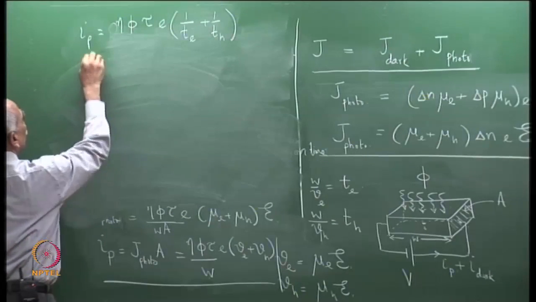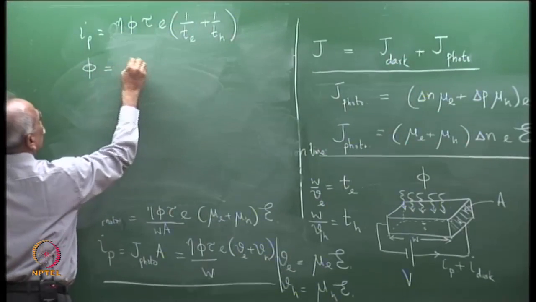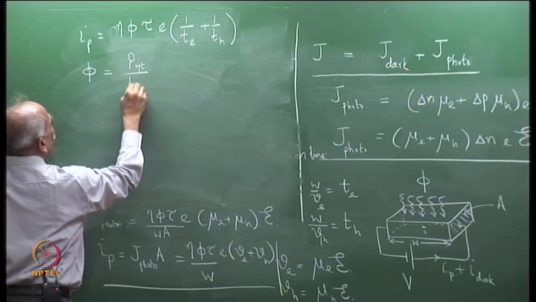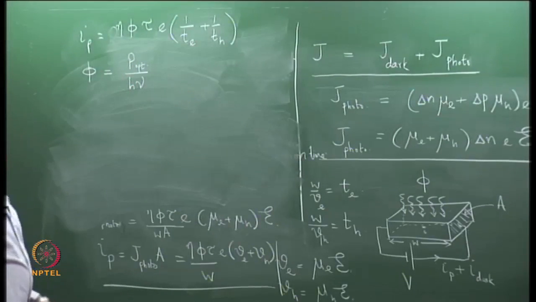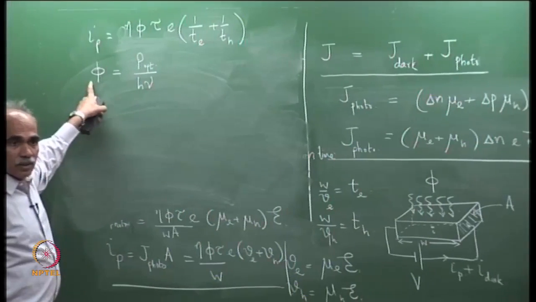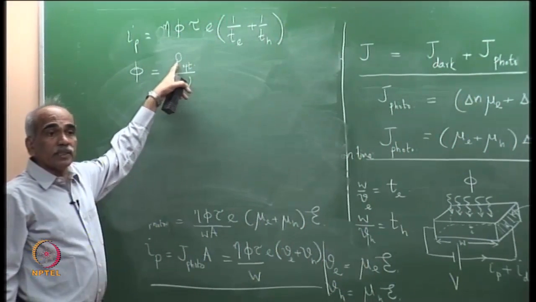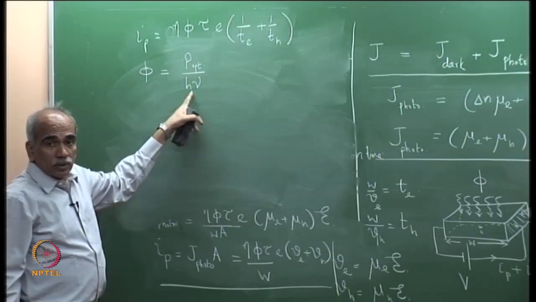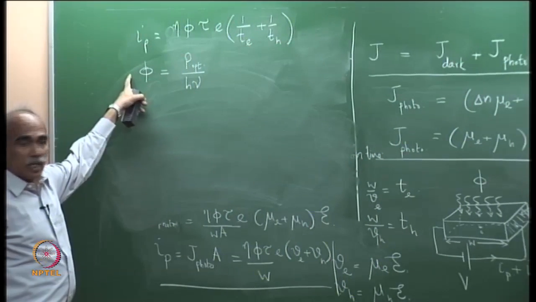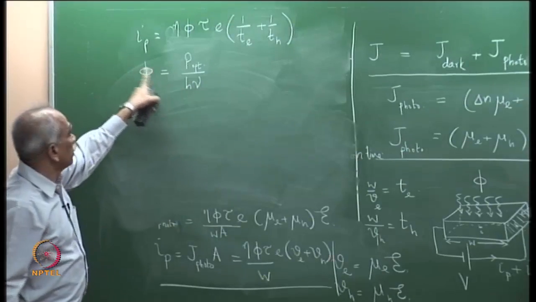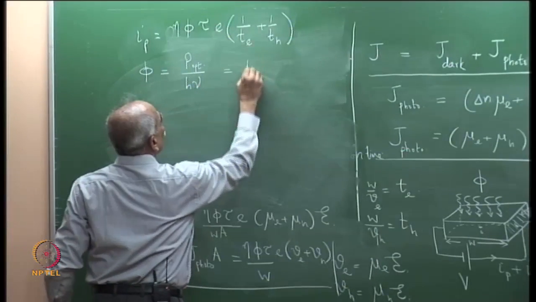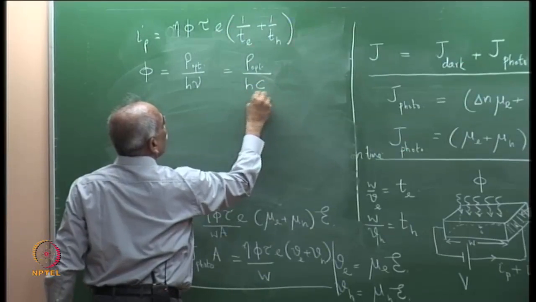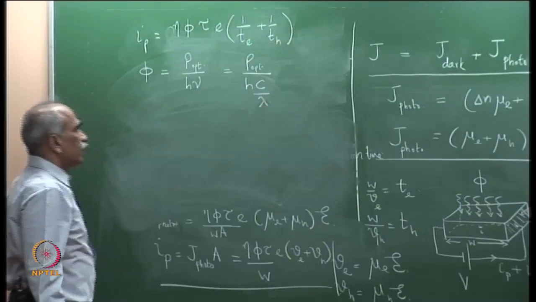Phi is the incident photon flux. So, if P_0 is the optical power which is incident, then P_0 by h nu gives the photon flux. This is power, that is energy incident per unit time, and divided by the energy of one photon gives you the number of photons incident per unit time, that is the photon flux phi. So, this is equal to P(t) divided by h c by lambda.